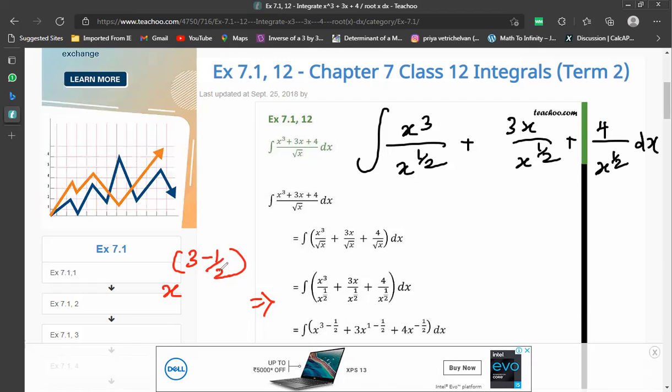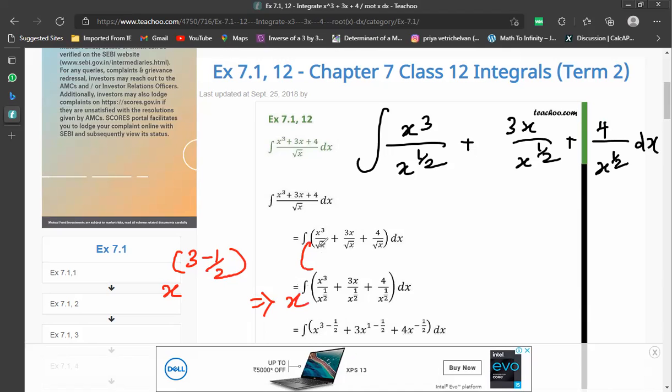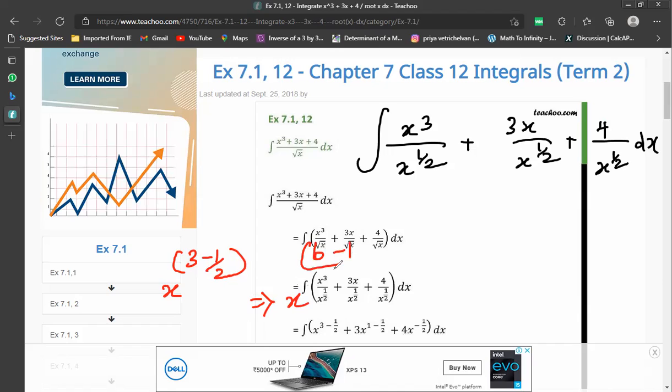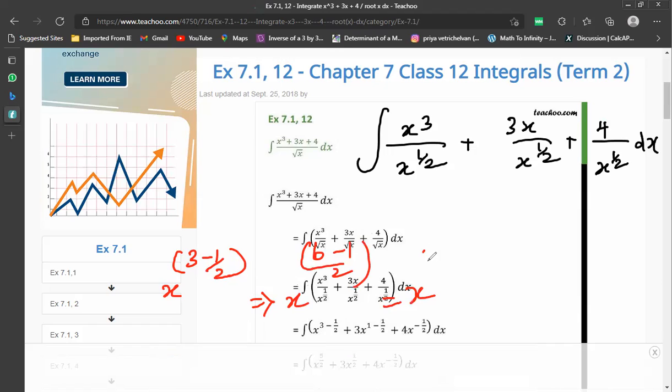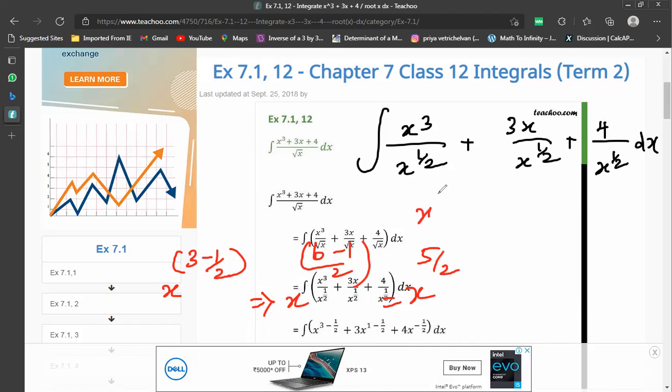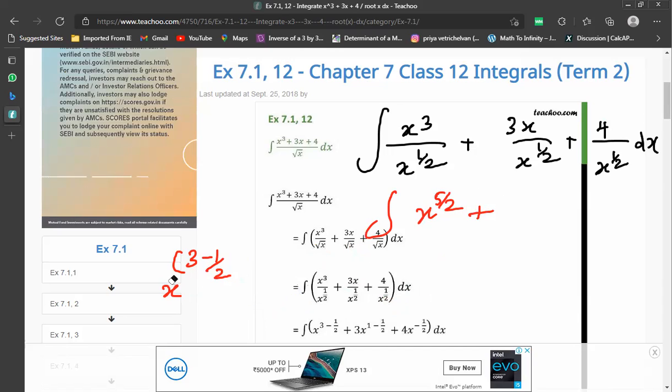When you take LCM, it will become 6 minus 1 by 2, which is 5 by 2. 3 twos are 6, and 6 minus 1 by 2 will give you x power 5 by 2. So x power 5 by 2 is the simplification for the first one.